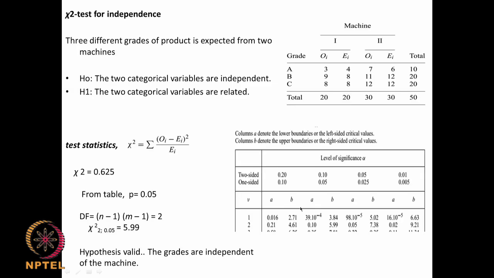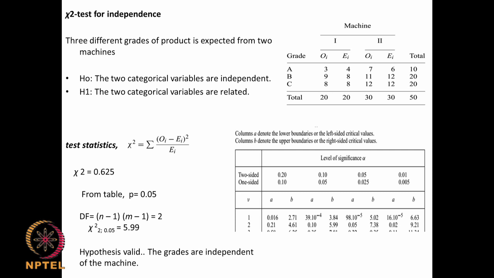And then we can also use it for looking at independence. That means we are performing some experiments on one machine, then performing some experiments on another machine. The results we get, are they somehow correlated to the machine, or are they independent of the machine? For example, this happens quite a lot when we are doing analytical work on, say, HPLC.